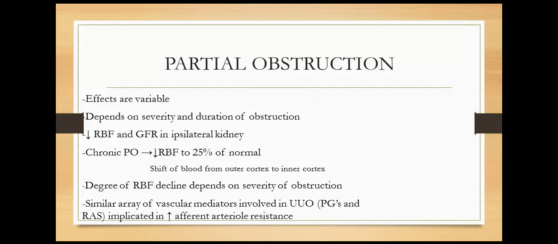Here, effects are variable, depending again on severity and duration of obstruction, but it tends to behave the same, in that it is more forgiving. You get renal blood flow decrease and GFR decrease in the ipsilateral kidney, whereas in your chronic partial obstruction, there is a decrease of renal blood flow up to 25% of normal, and again, a shift of blood from outer cortex to inner cortex that is maintained, and then the degree of renal blood flow obviously declines depending on the severity of obstruction.